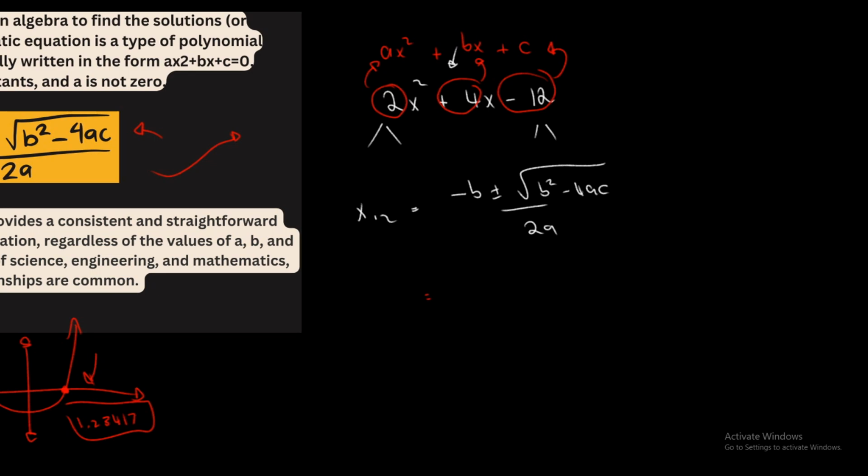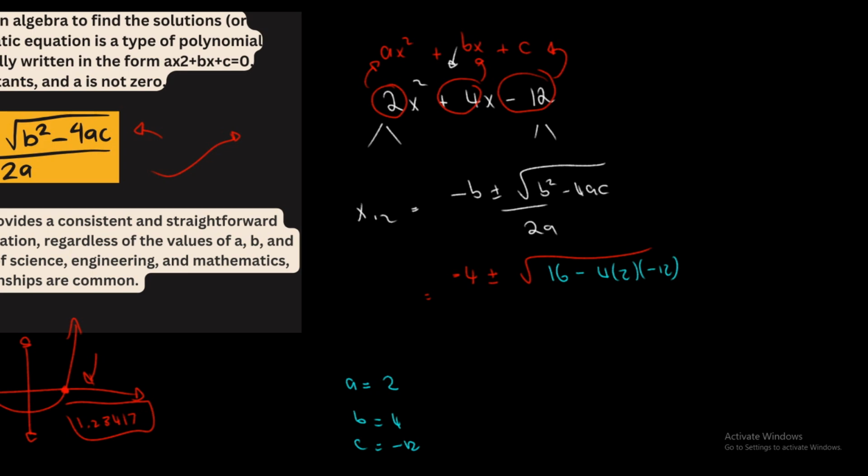Let me write this here to make it easier for you to understand. So we have a is equal to 2, b is equal to 4, and c is equal to negative 12. So we have b squared, so 4 squared is 16, minus 4 times 2 times negative 12.